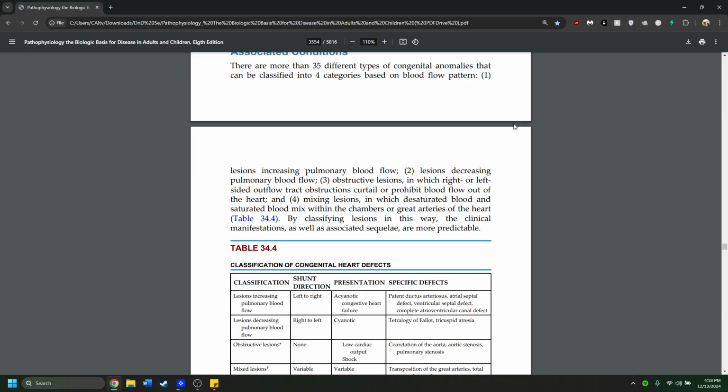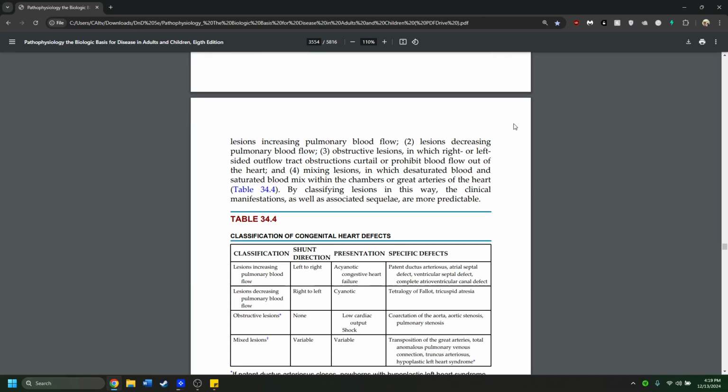Lesions increasing pulmonary blood flow, lesions decreasing pulmonary blood flow, obstructive lesions in which right or left-sided outflow tract obstructions curtail or prohibit blood flow out of the heart, and mixing lesions in which desaturated blood and saturated blood mix within the chambers or great arteries of the heart. By classifying lesions in this way, the clinical manifestations as well as associated sequelae are more predictable.